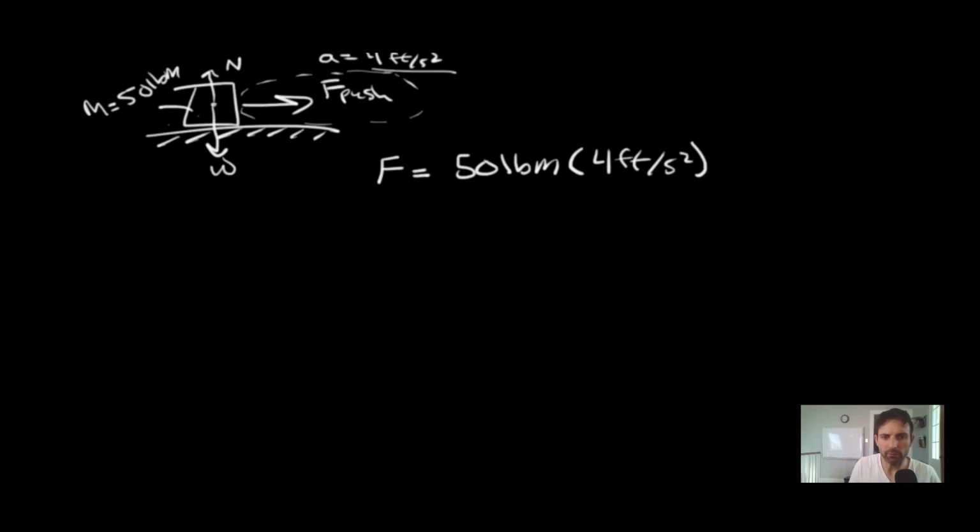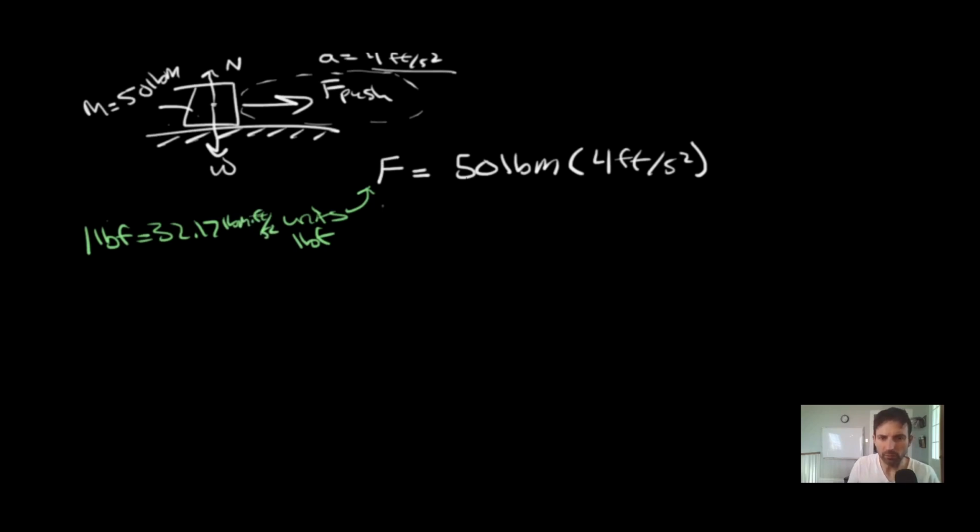And so our force units need to be in pound force, right? And if you remember, 1 pound force equals 32.17 pound mass times feet per second squared. So that's the unit for that.